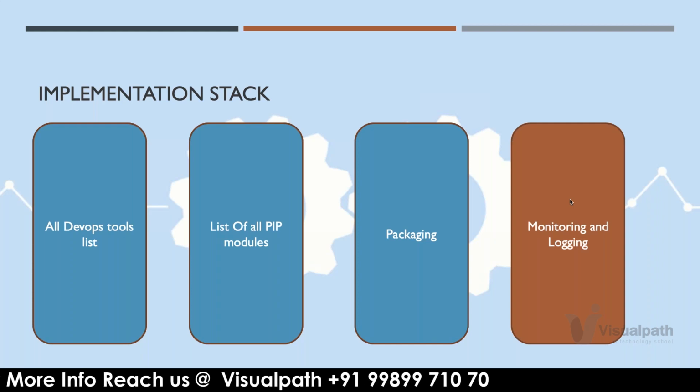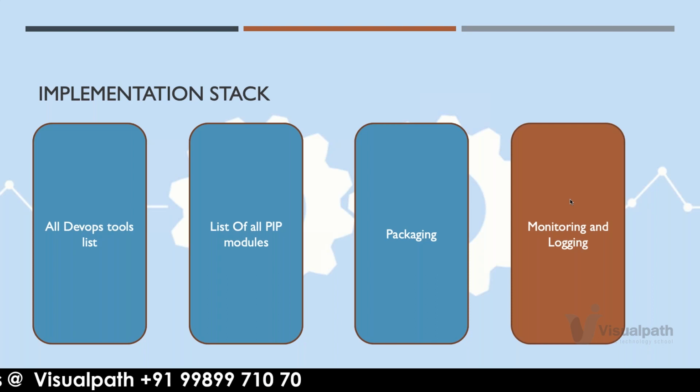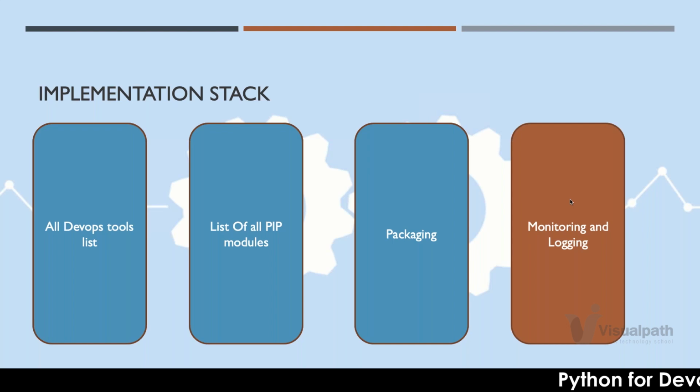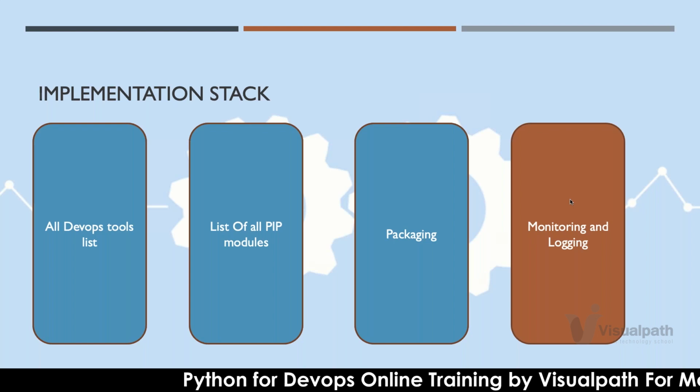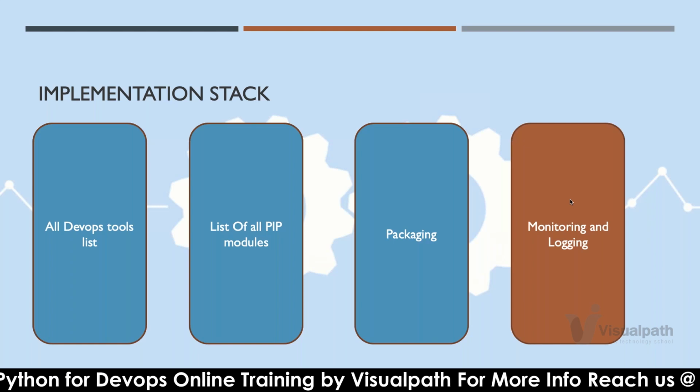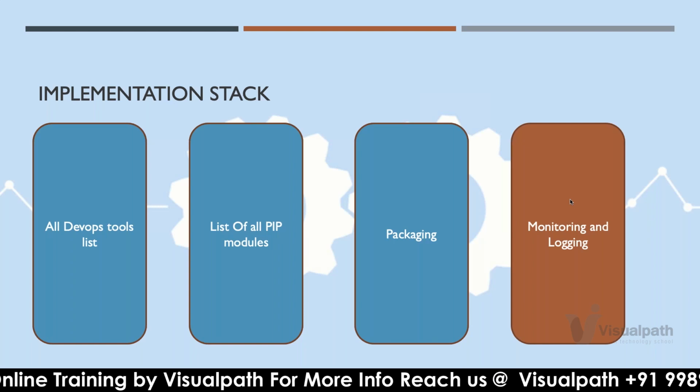When I am writing the code, I will cover all these things. When I write an automation, I will see whether we are doing logging or not, monitoring or not, whether we can package it or not, and what third-party dependencies there are and how to install them.